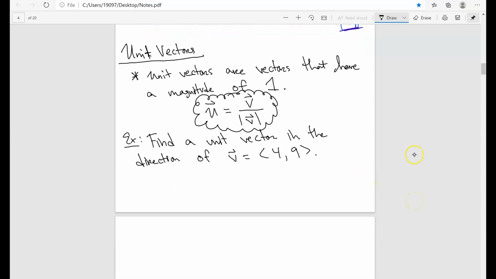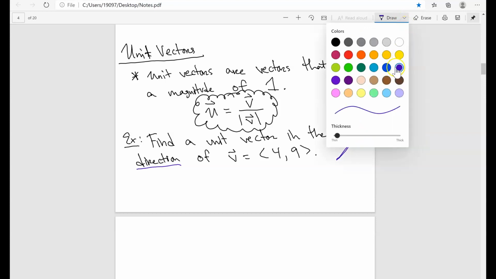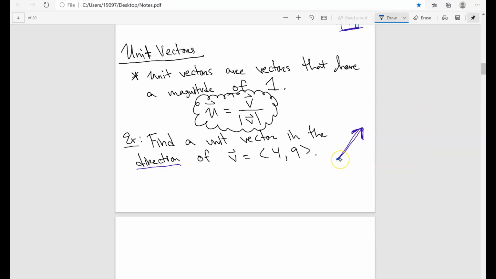Don't get confused by what it says by in the direction. The direction is already given to you. 4, 9 is going to go this way. But we don't want this size of the vector. We want to compress it so that instead of having this size, it has a much smaller size, size 1. We still want it pointing in that direction, but we want it to be size 1.